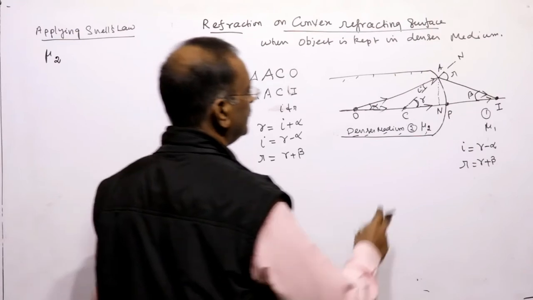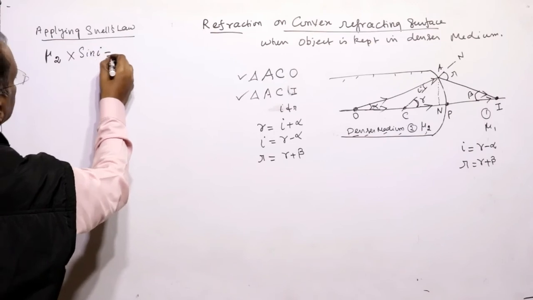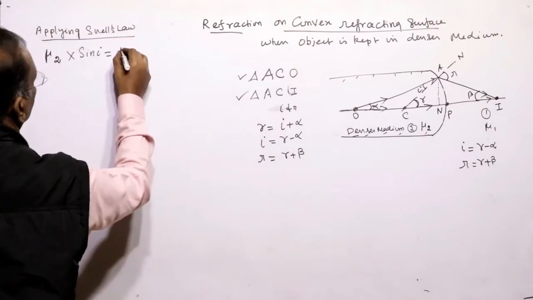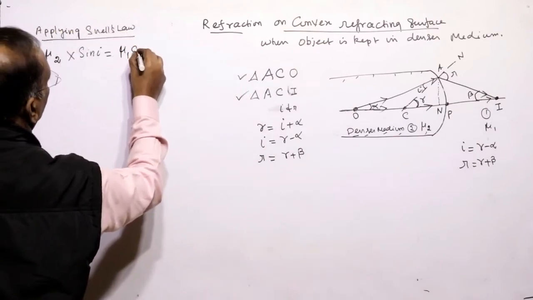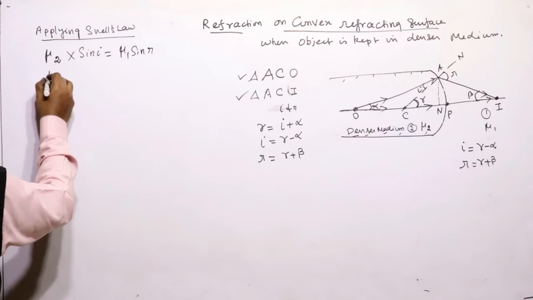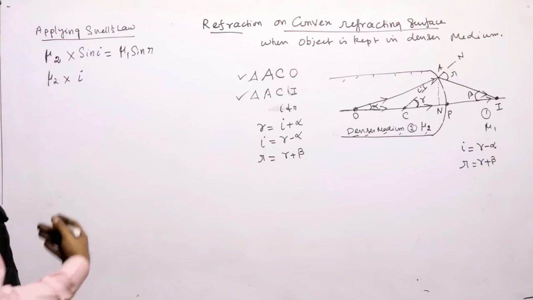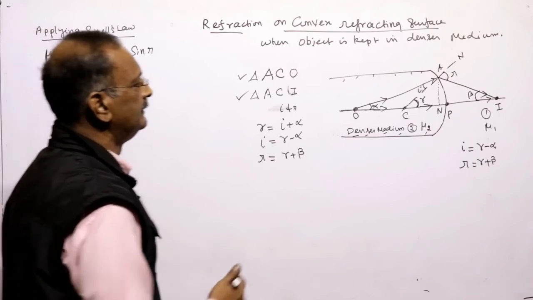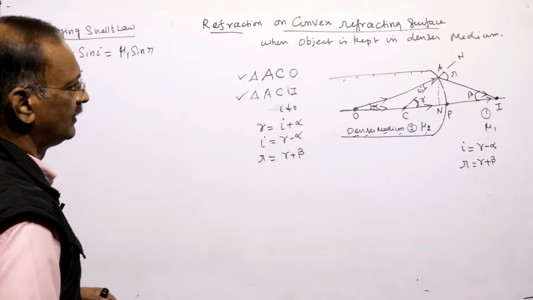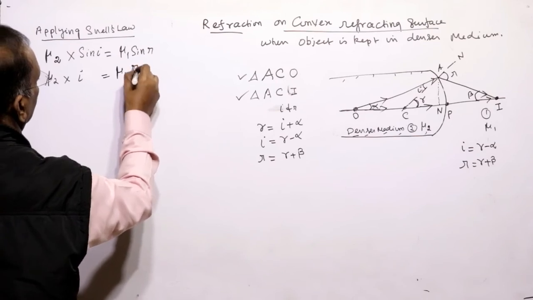the refractive index of the first medium, the denser medium, mu2, into sine of I is equal to mu1 into sine of R. Sine I can be replaced by I, because at the start of the video we said that I and R are very small angles, so sine I is equal to I and tan I is equal to I, for small angles only.